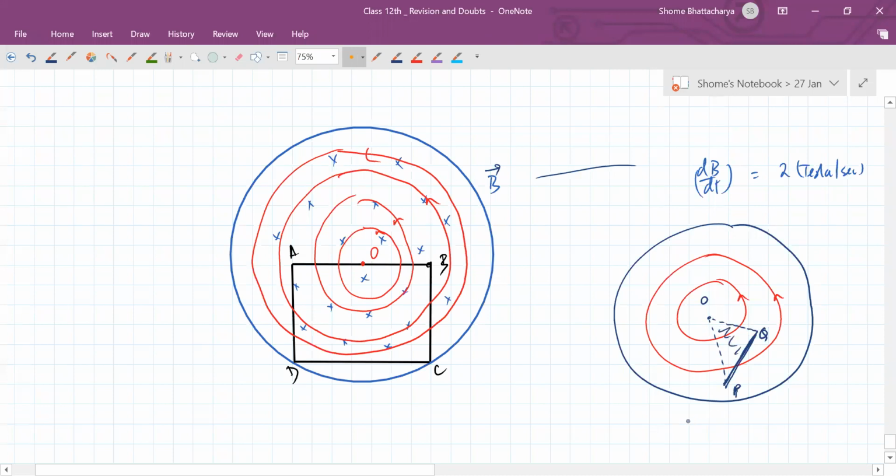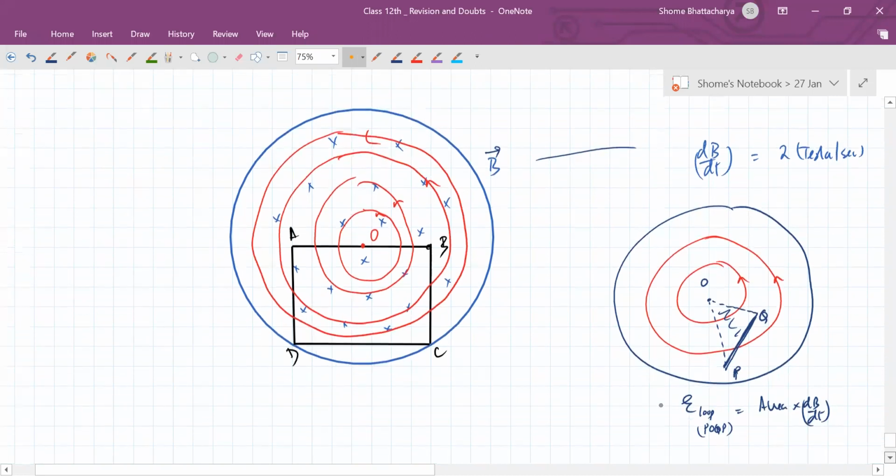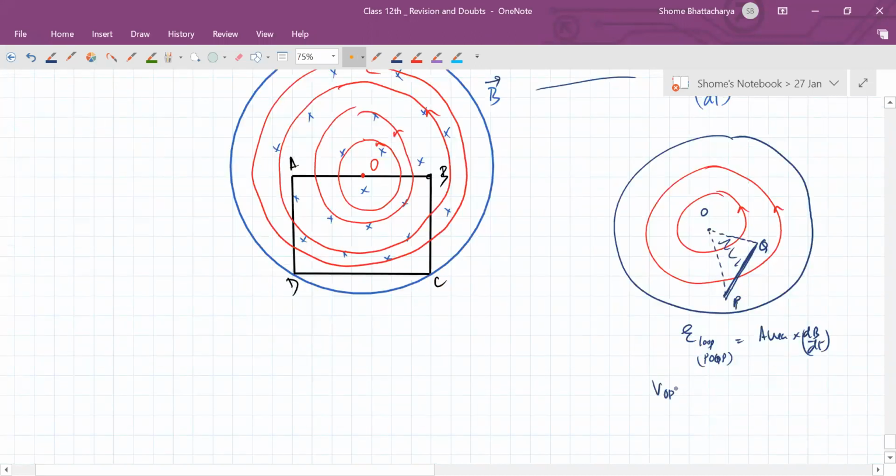So the total induced EMF in the loop POQ is equal to that area into dB by dt. This will be the voltage difference across OP plus PQ plus QO.